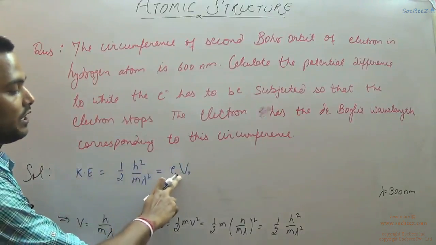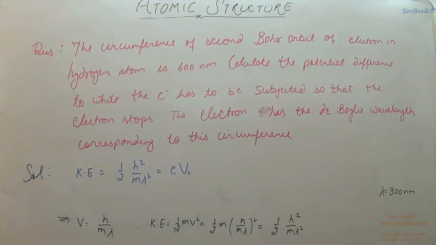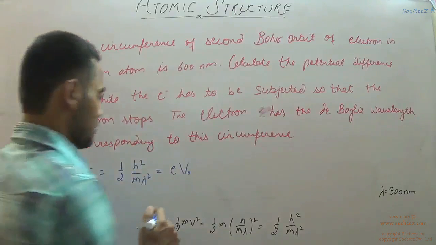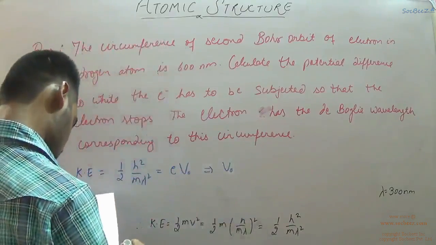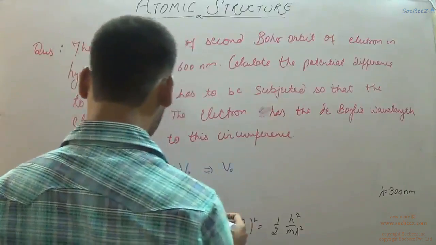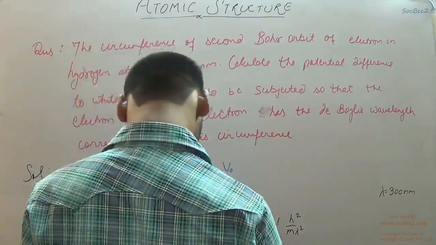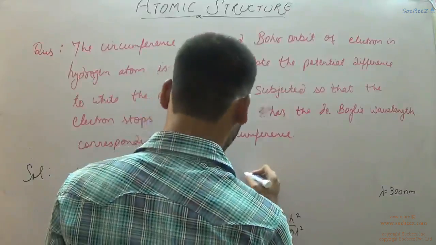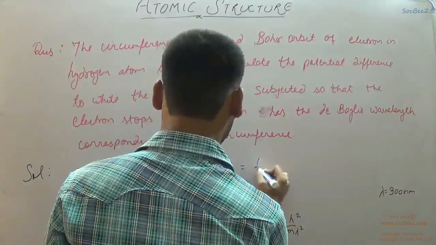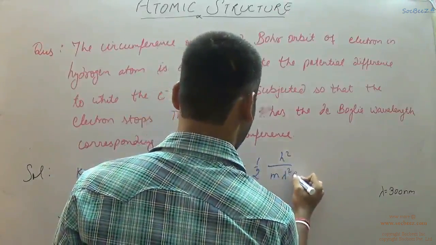Kinetic energy will be equal to E into V naught, where E is the charge of an electron and V naught is the potential difference that is applied, to which the electron has been subjected. Fine. So from here V naught, that is the potential difference, comes out to be half into h squared upon m lambda square into E.